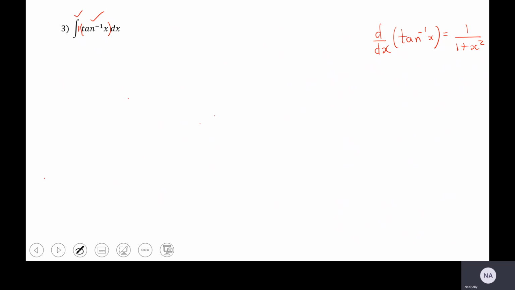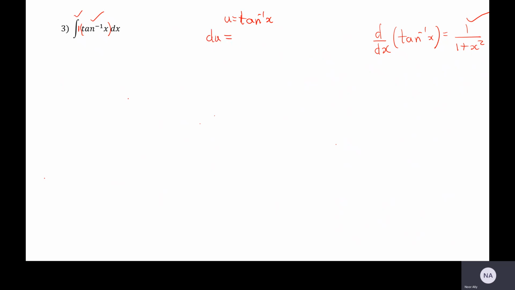And this you're going to have to play with. So for example, look at this carefully. If you decide, well, let u equal 1, what's the derivative? Exactly. That's not going to work. So then you let u equal arctan of x. And there we know what the derivative of arctan of x is. It's 1 over 1 plus x squared.